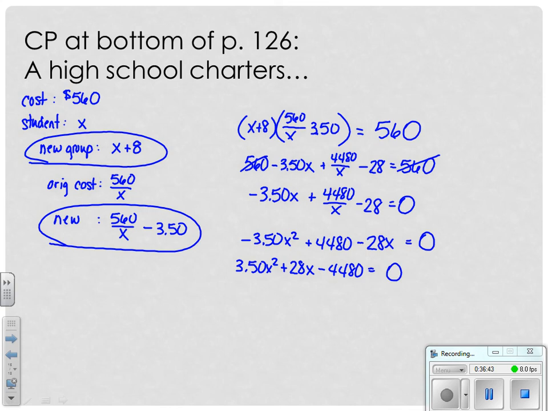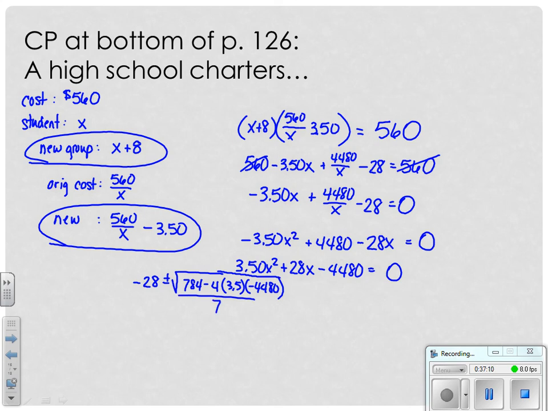All right, I went with the quadratic formula for sure on this one. So negative b plus or minus the square root of b squared, which is 784, minus 4 times a times c, all over 2a, which is 7.